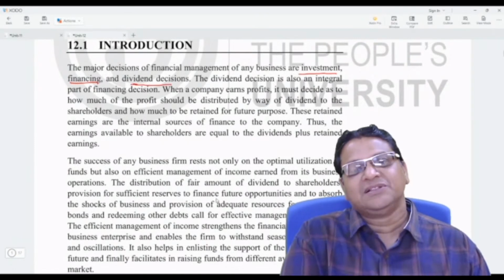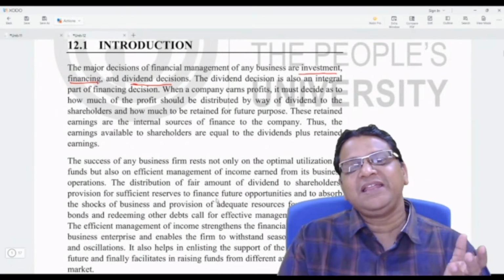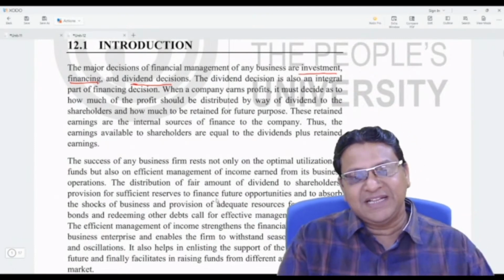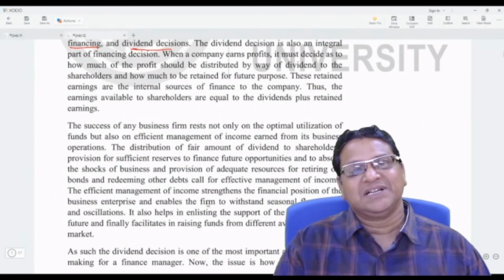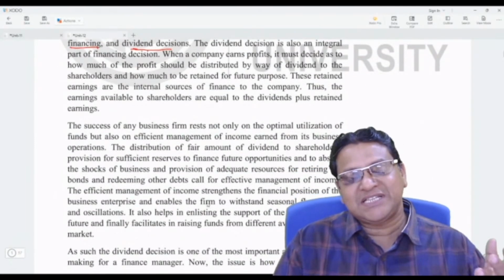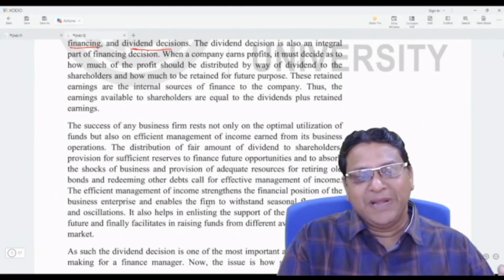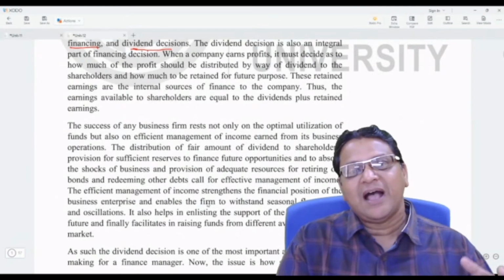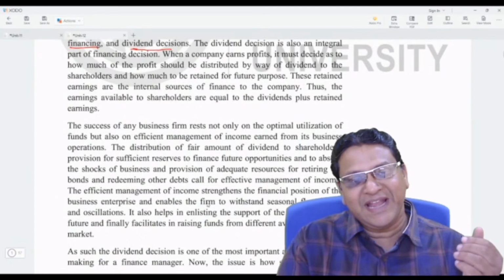So we know that the dividend decision is an integral part of any financial decision. Dividend decision is all about dividing the profit. It's the decision regarding division of profit between payment to shareholders and how much profit is to be retained, that is retained earning.